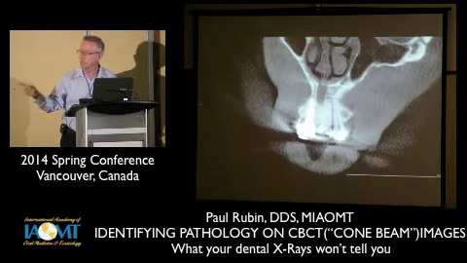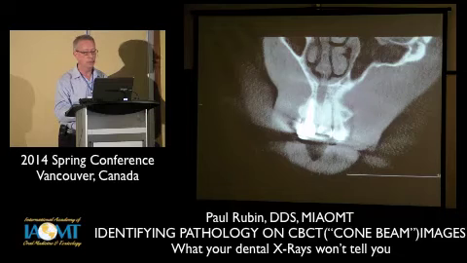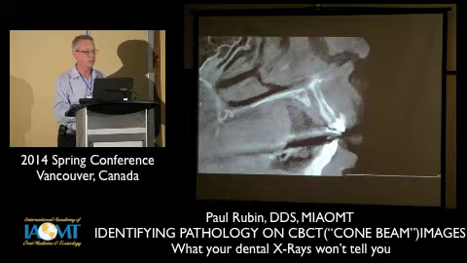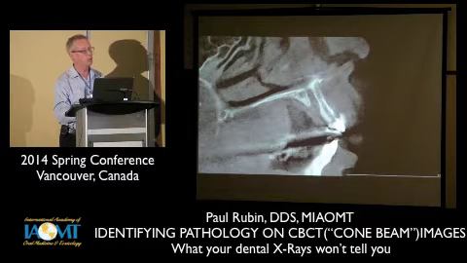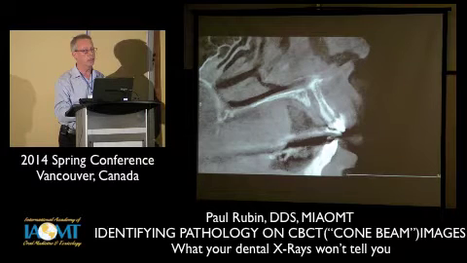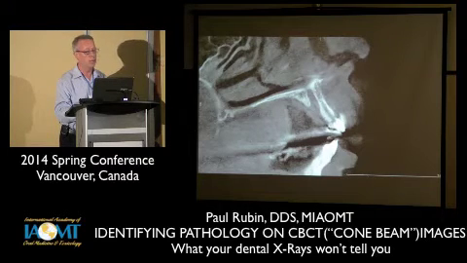This is the incisive foramen. And if we look at it from this view, big, wide open incisive foramen here. And that's what was showing up and sort of overlaid next to the root of that tooth, which looked like a failing root canal and cyst on the periapical view.